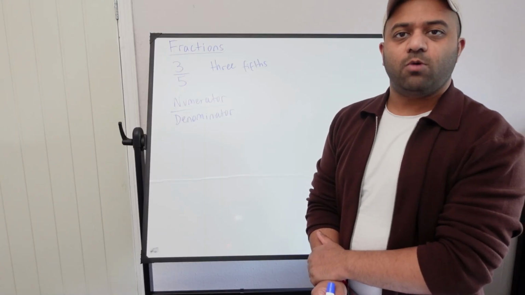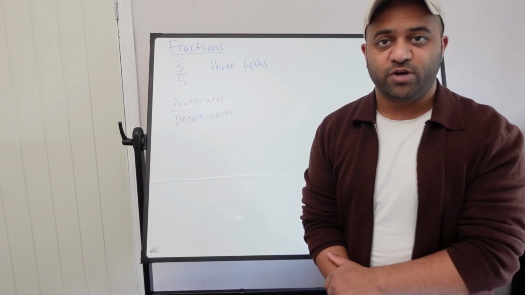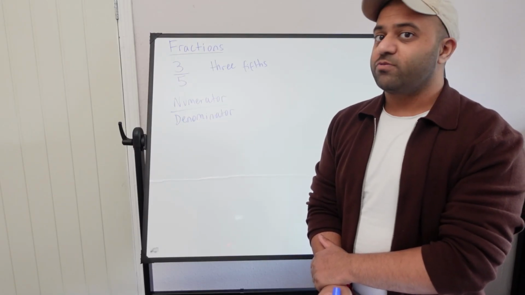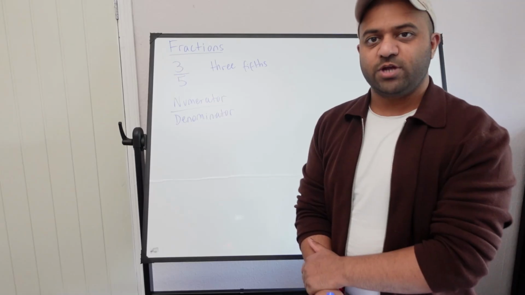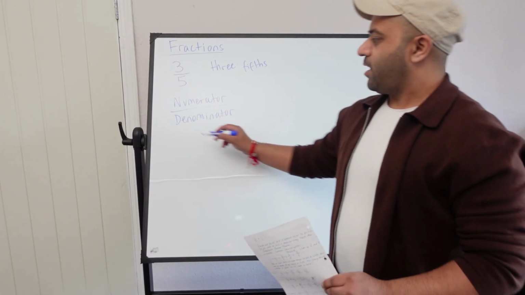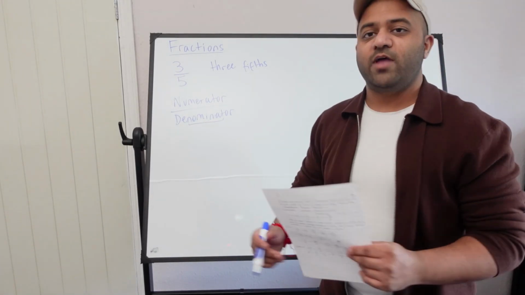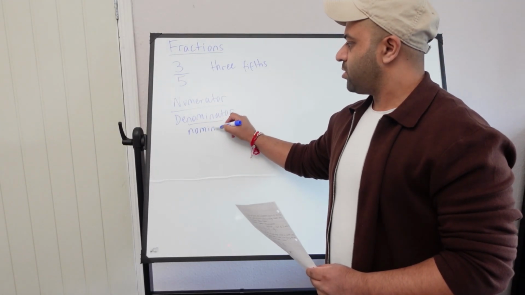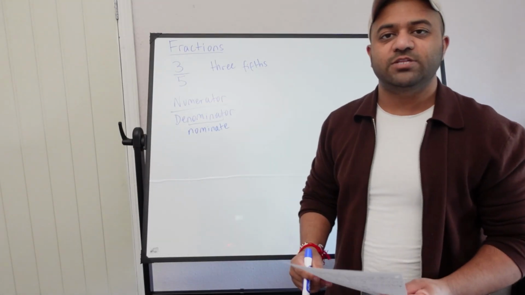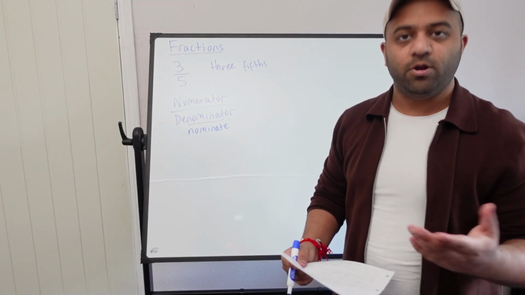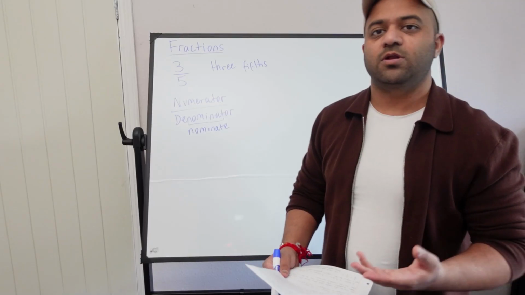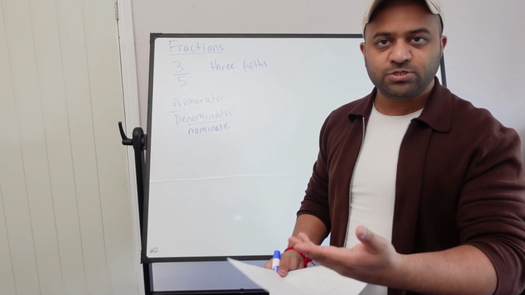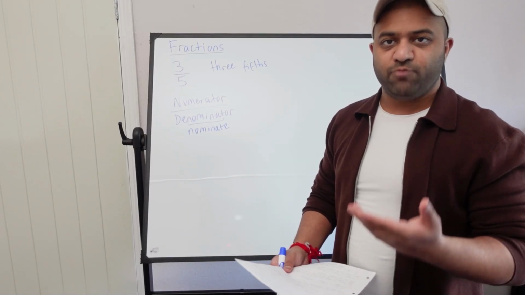So I'm going to start with what I believe is the more important word of the two, the word denominator. If you ever think about this word, there is actually a hidden word within the word denominator. And that word is nominate. Now, what does it mean to nominate something or someone? Well, if you think about something like the Oscars award, where the nominations are read out to the audience, what are they actually reading out?